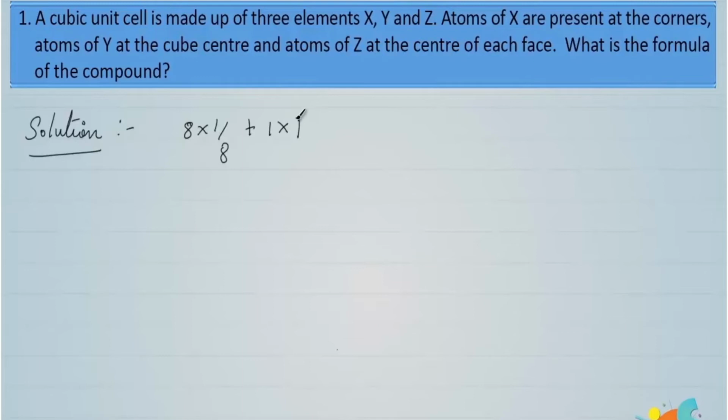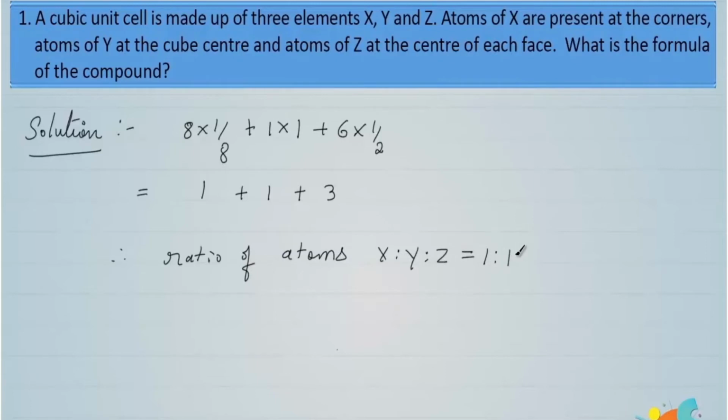Along with this, we have 6 faces of the unit cell. The center of each face is occupied by Z atom. Therefore, atoms per unit cell is given as 6 into half. By solving, 1 plus 1 plus 3, that is the ratio of atoms. Here X ratio Y ratio Z is equal to 1 ratio 1 ratio 3. Now the formula of the compound is XYZ3.